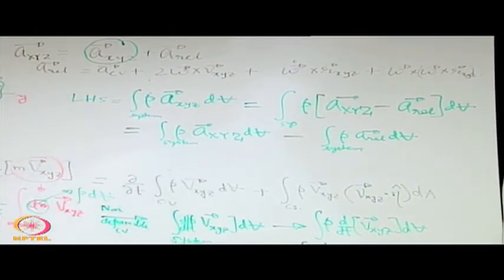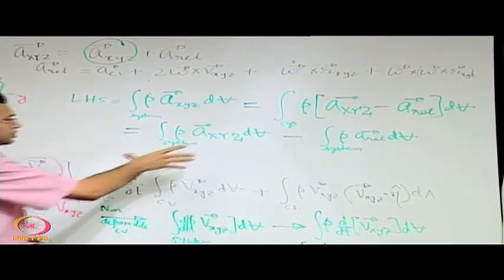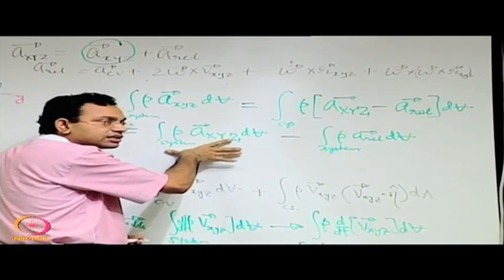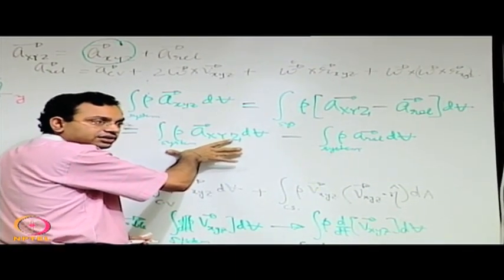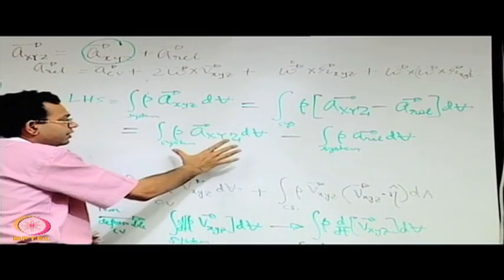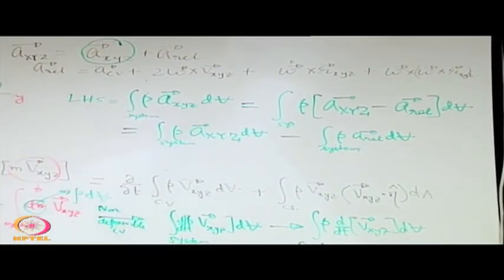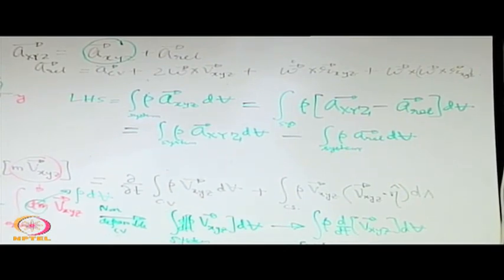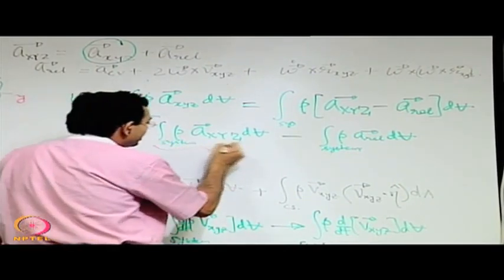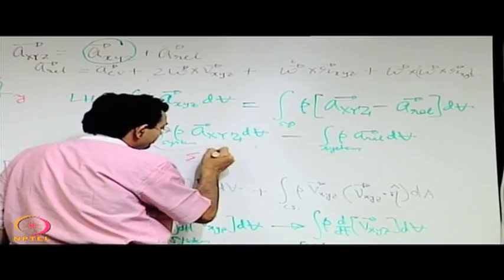The implications are very straightforward. The first term represents the mass into acceleration of the system, the total integrated effect, as viewed from an inertial reference frame. So, by Newton's second law of motion, you can write this as the resultant force acting on the system.